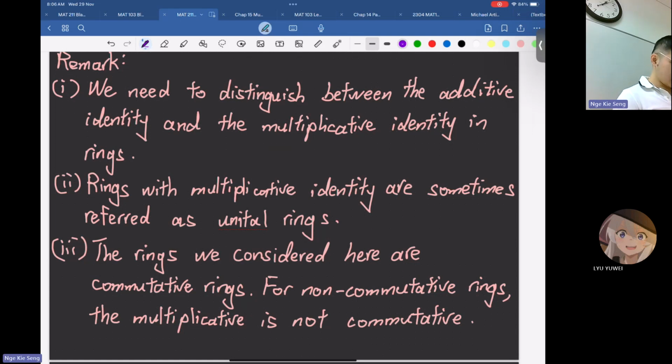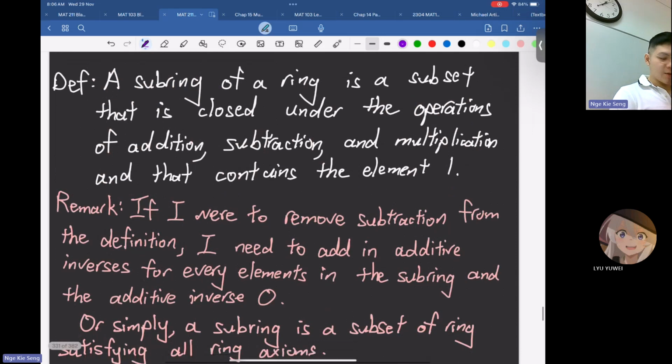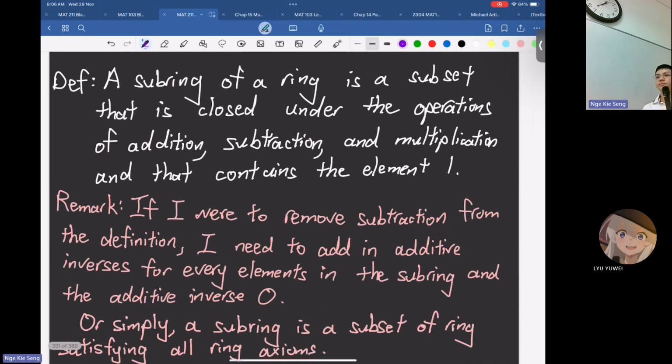And last time we talked about the definition of subrings. What is a subring? A subring is a subset of a ring that is closed under the operations of addition, subtraction, and multiplication, and that contains the element 1. Like I said last time, maybe we want to throw away the subtraction condition.